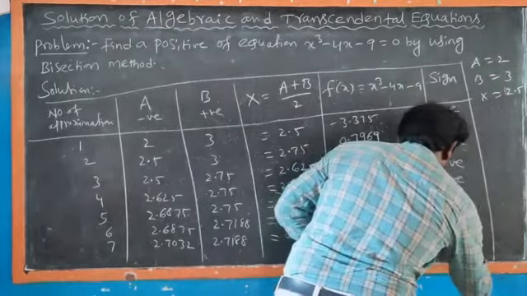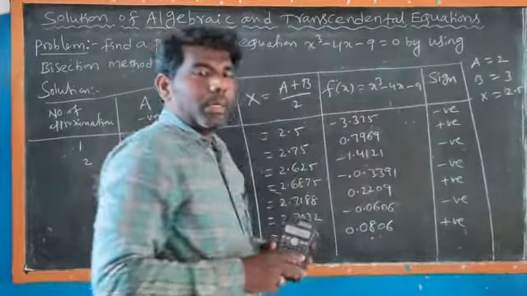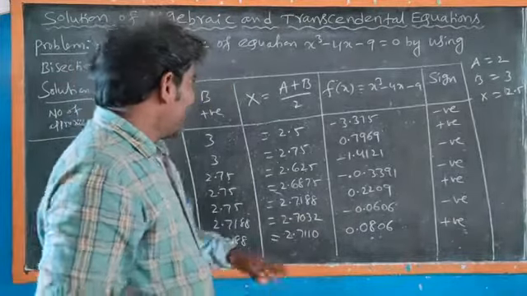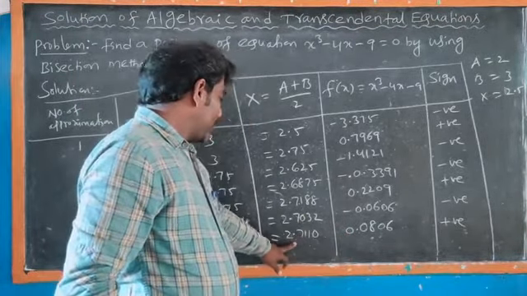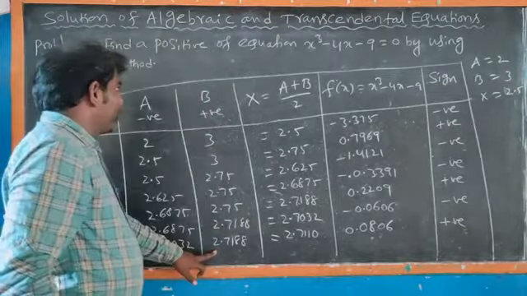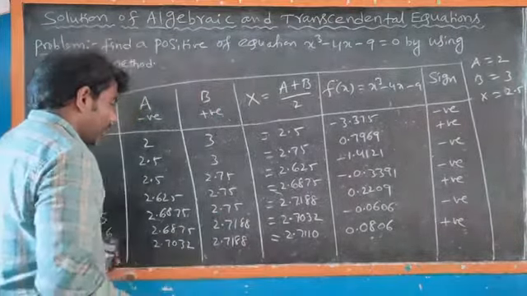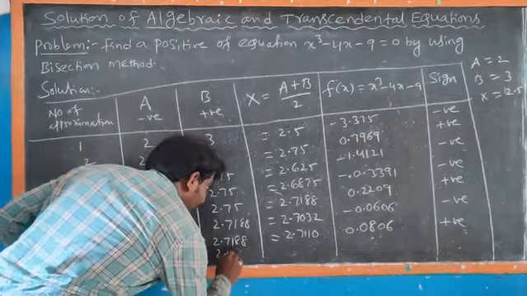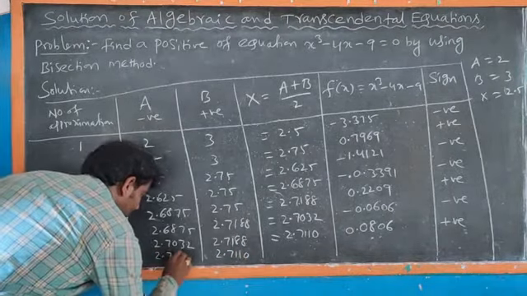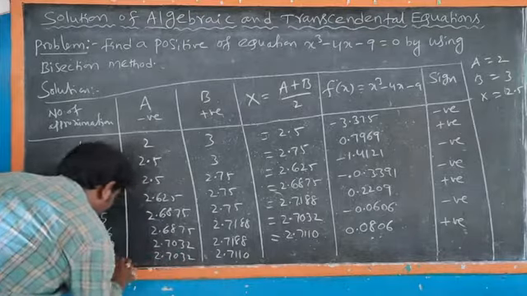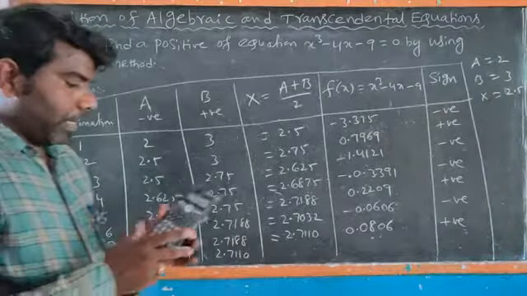This is positive. Okay, right. So here f of x is positive. So substitute x value in the positive. Then 2.7110. Here the a value stays 2.7032. This is the eighth approximation.